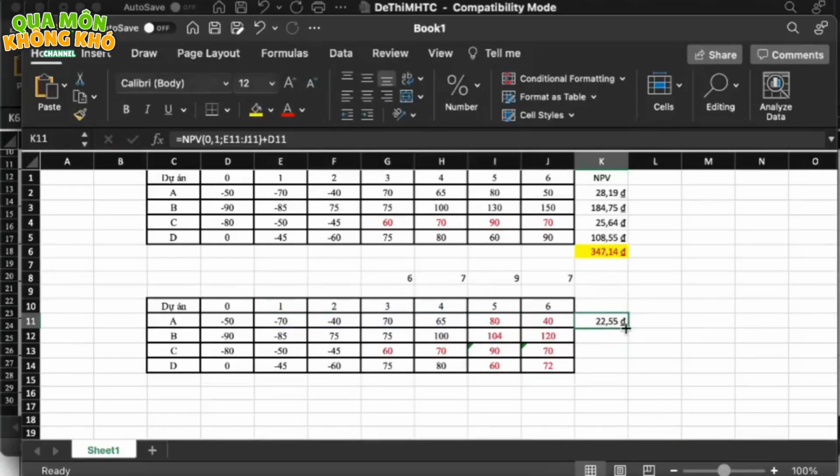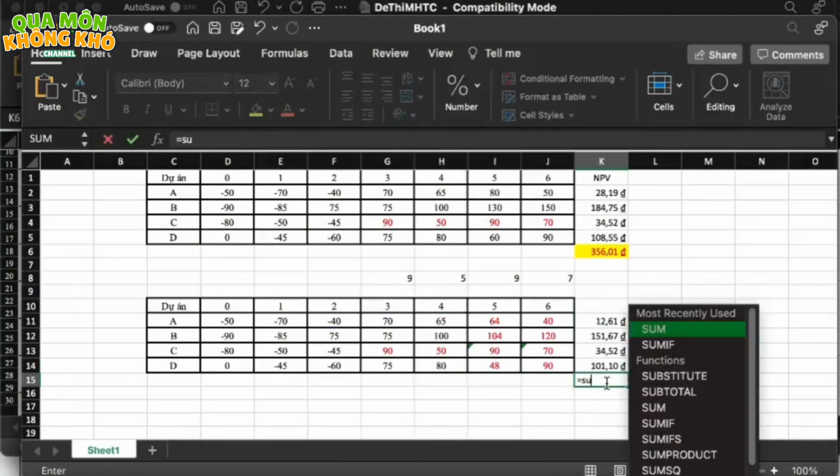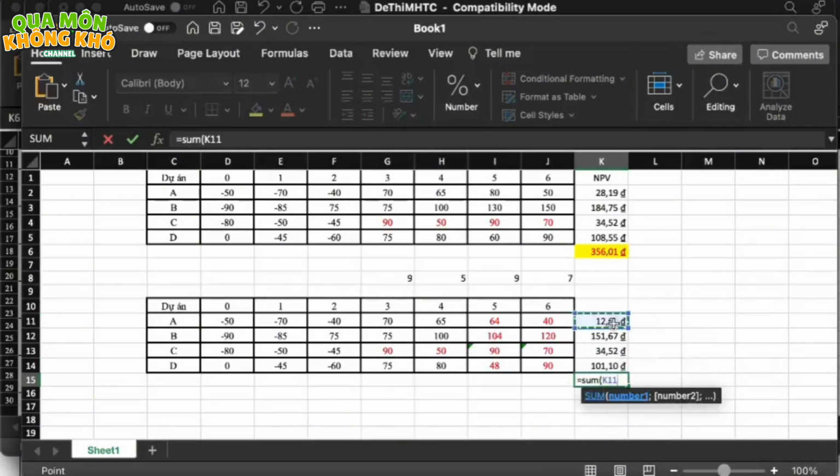So you just keep calculating the NPV and sum the NPV here.